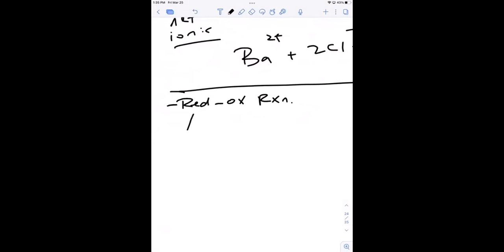Right? The red part is for reduction, and the ox part is for oxidation. And they're given together like that because one can't happen without the other. You can't have something getting oxidized without something getting reduced, or something getting reduced without something getting oxidized.